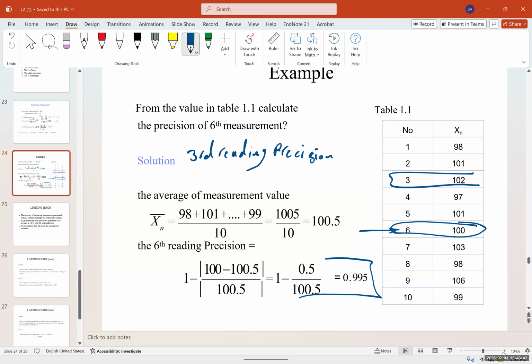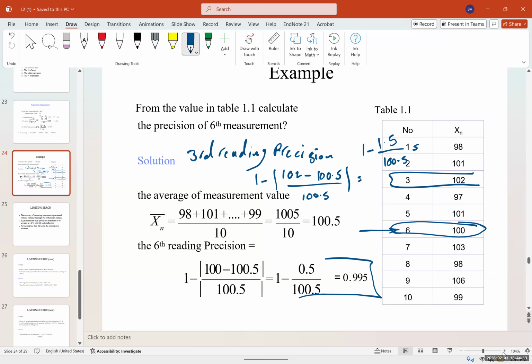So for the third reading precision, again, the average is the same, it doesn't change. It's going to be 1 minus 102 minus 100.5 divided by 100.5. So this is going to be equal to 1 minus 1.5 divided by 100.5. Just give me a second.